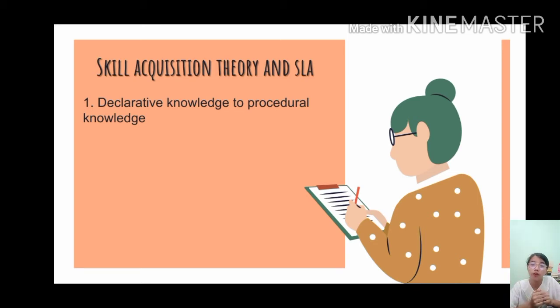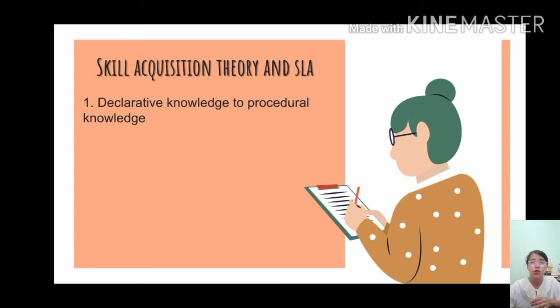And of course, the effects of instruction should be skill-based, while other theories put greater emphasis on procedural knowledge. Skill acquisition theory, on the other hand, puts importance on both declarative knowledge and procedural knowledge.